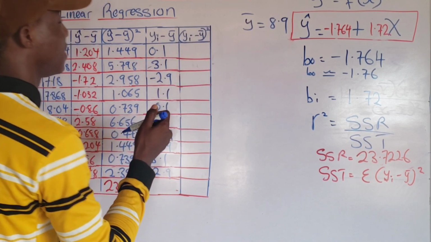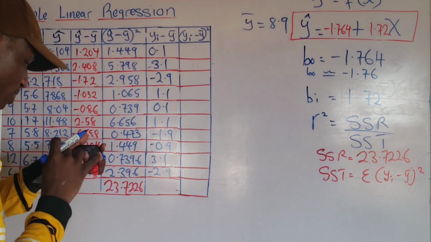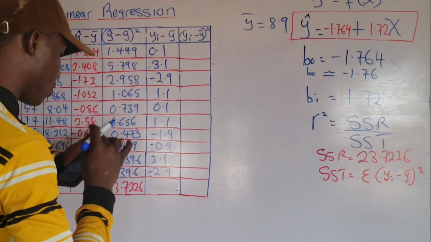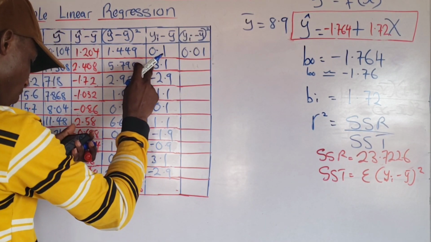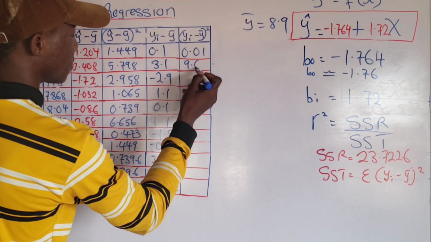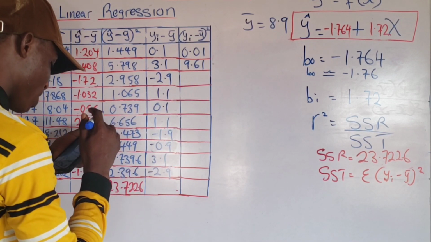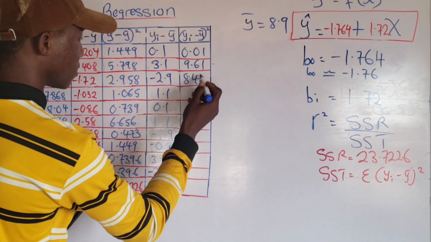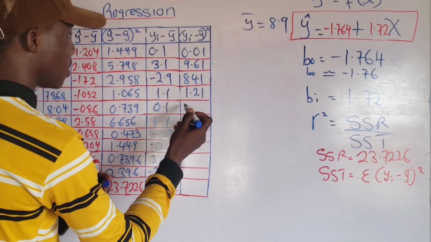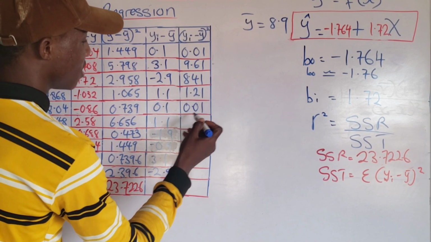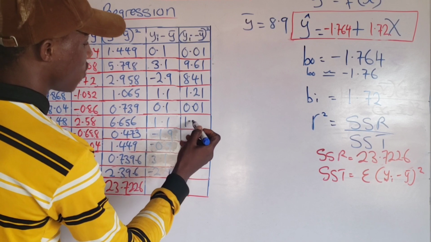0.1 squared will give us 0.01. 3.1 squared will give us 9.61. Negative 2.9 squared will give us 8.41. 1.1 squared will give us 1.21. 0.1 squared will give us 0.01. 1.1 squared will give us 1.21.